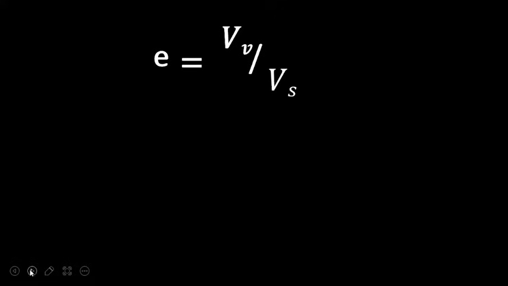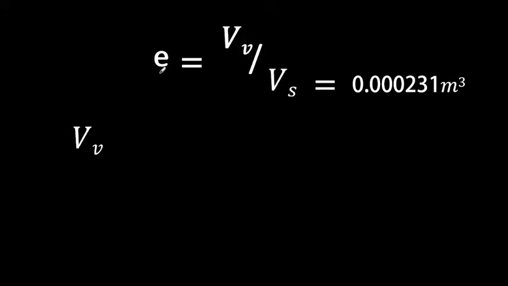So now that we have calculated the volume of solid as 0.000231 cubic meters, let's calculate the volume of void in order to get the void ratio. The formula for the volume of void is the total volume minus the volume of solid.